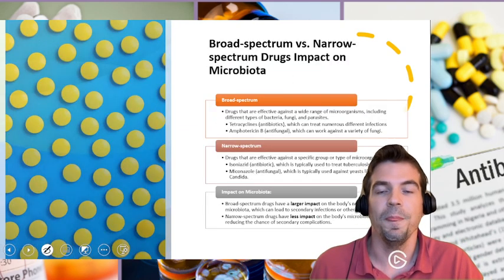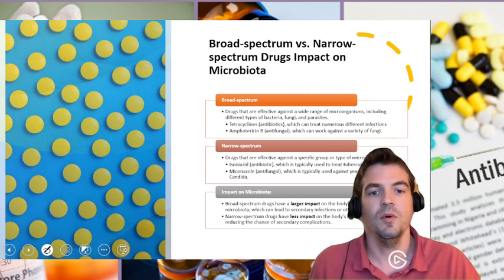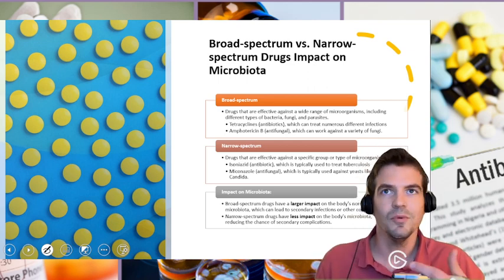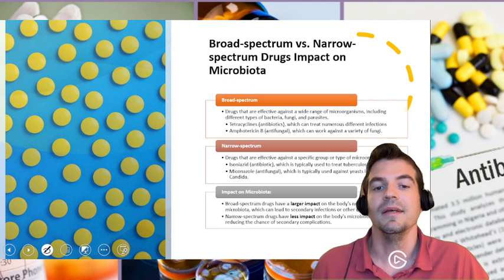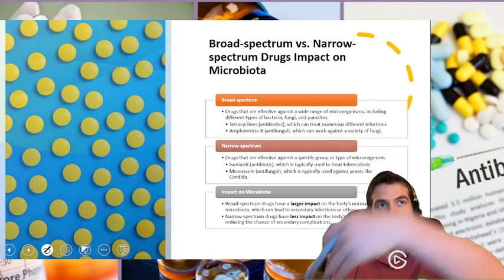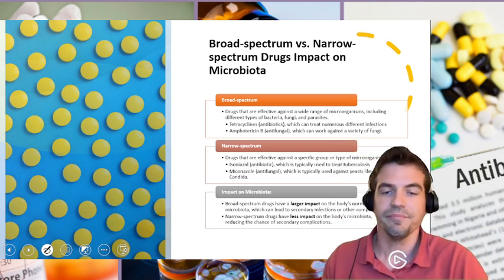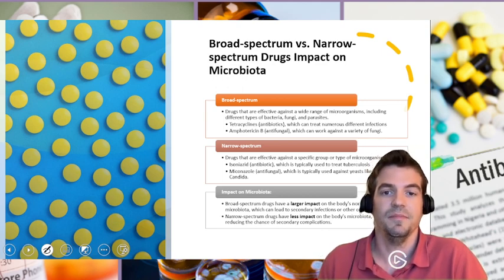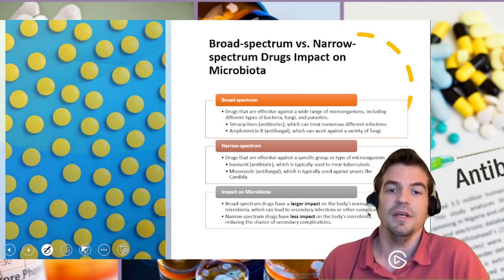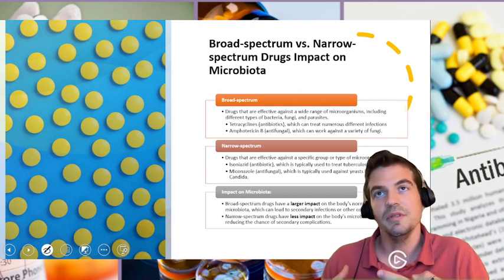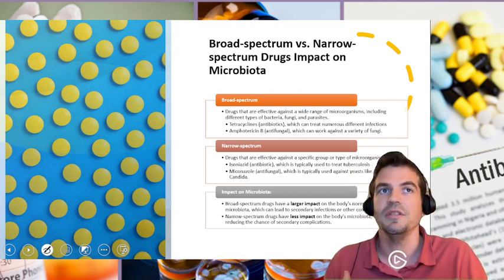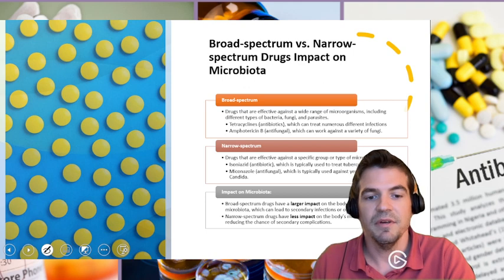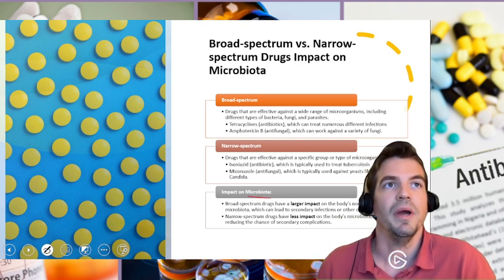We call them broad spectrum or narrow spectrum, okay? And they kind of work exactly as you would think. Broad spectrum is like casting a big old net, okay? Casting a big old net and trying to see what sticks, okay? And this will kind of not be good for us because it will have an effect on our microbiota.